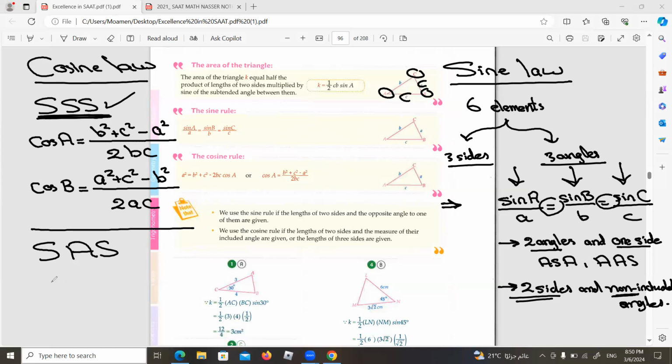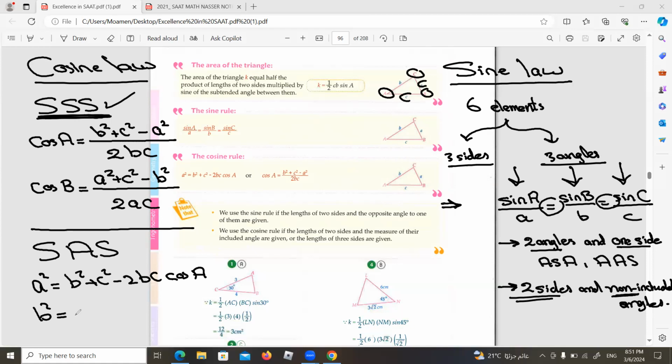What is the rule, mister? I need to find the side A, for example. So A squared equals the other two letters: B squared plus C squared minus twice BC cosine A.